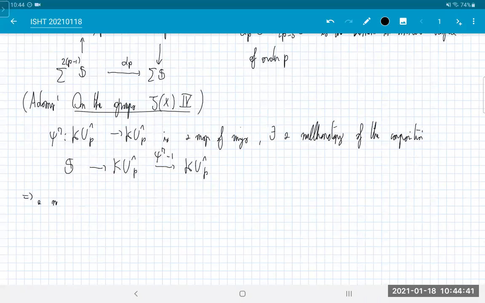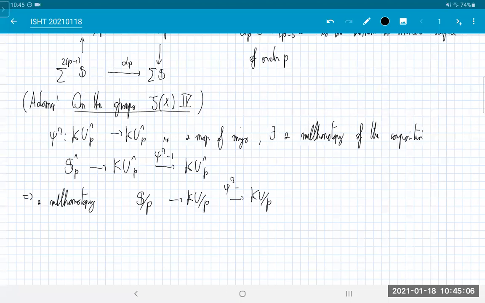Therefore, a null homotopy. And actually, since the fiber of the target is p complete, I can as well p complete the source. And therefore, a null homotopy of S mod p, KU mod p, KU mod p.